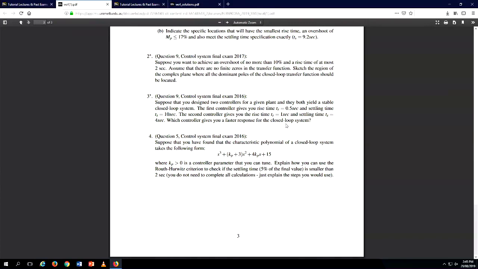Shouldn't it be the smaller settling time, since the closed loop system is to achieve the equilibrium faster? All right. So we have rise time and we have settling time, right? So does this cover all possibilities?